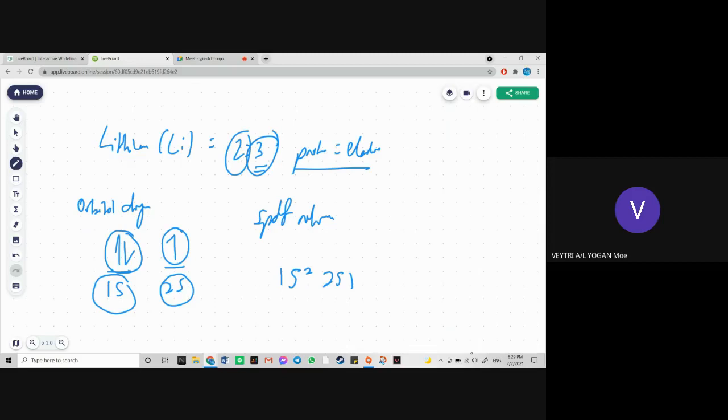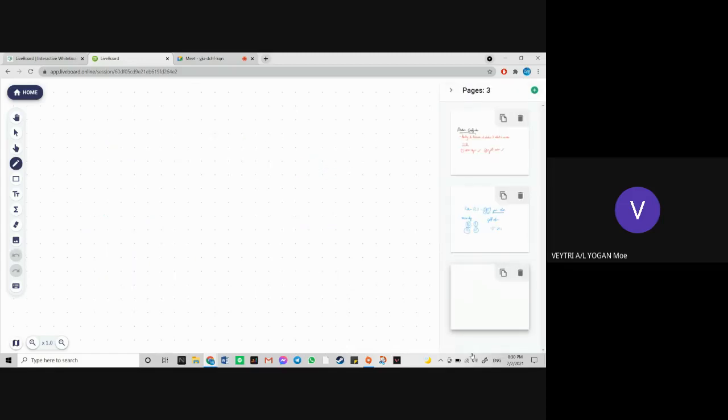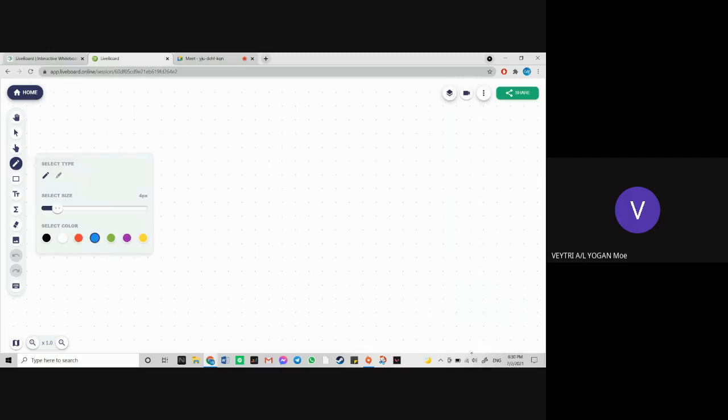Before we move on, I'd like to explain a couple of rules for whenever you need to assign electrons. The first one is called the Aufbau principle, spelled A-U-F-B-A-U. What does the Aufbau principle state?